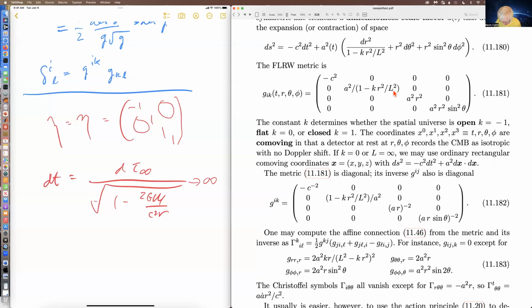If the universe is spatially compact, then L is the size of the universe. If L is infinite, then L is just a scale factor that goes in here to make this dimensionless.